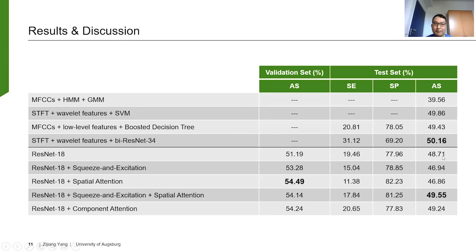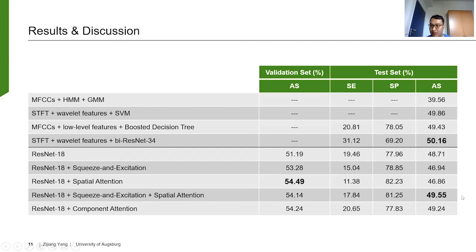The best model on the validation set is the ResNet 18 plus spatial attention, which achieved 54.49% average score. On the test set, the best model in our proposed work is ResNet 18 plus squeeze and excitation plus spatial attention together.